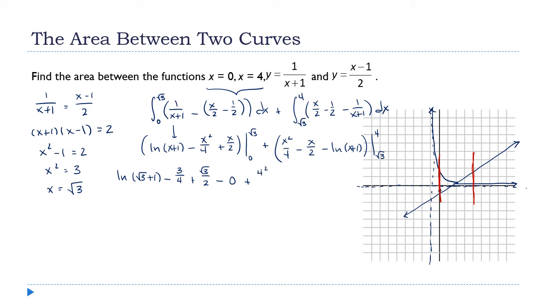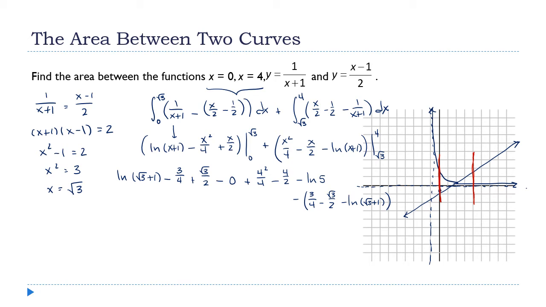4 squared over 4 minus 4 over 2 minus the log of 5, minus, now I put the square root of 3 in, so that's 3/4 minus the square root of 3 over 2 minus the log of the square root of 3 plus 1.